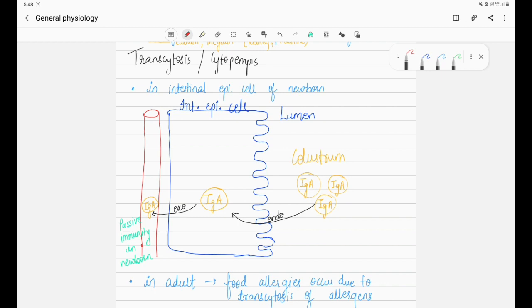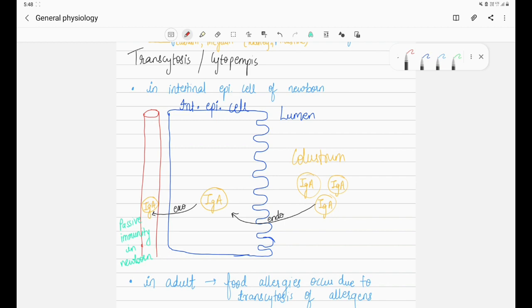The newborn has these IgA antibodies in the lumen. Now by endocytosis, these IgA antibodies are taken into the intestinal epithelial cells, and then by exocytosis, these IgA antibodies are passed into the blood vessels and then into the circulation. So this is the method by which the newborn is provided with passive immunity.